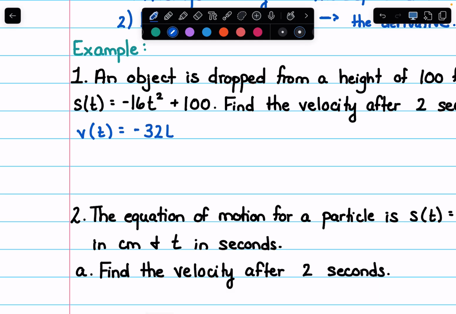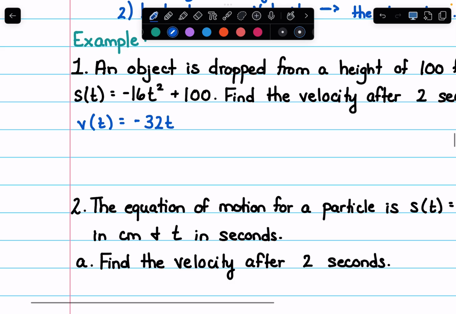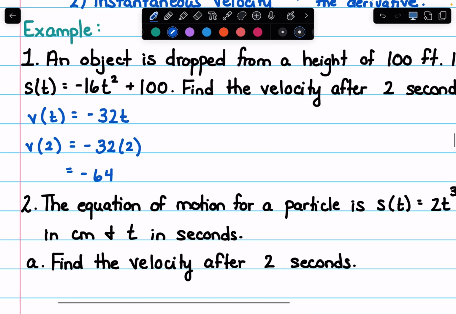Negative 32t, right? You bring your t to the front, multiply times 16, subtract 1 off of your power, okay? Well, I want my time to be after 2 seconds, so once I've found the derivative, all I have to do is plug in my time. Negative 64, and this is going to be feet per second.